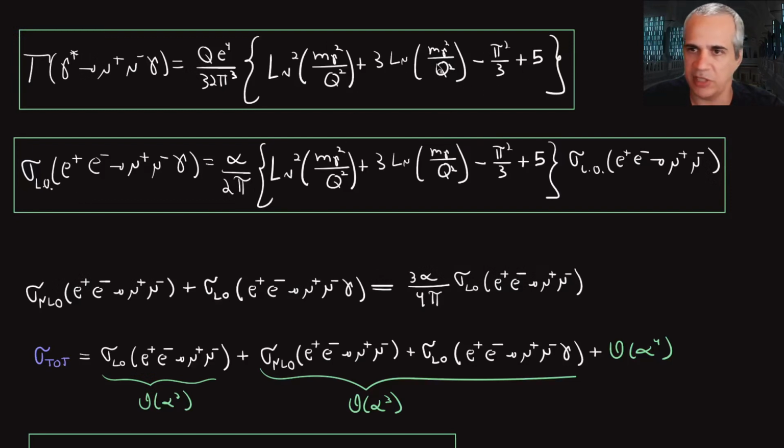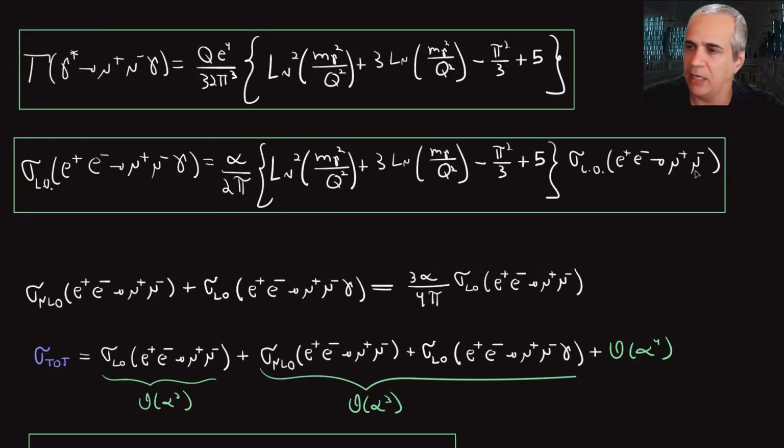For the total cross-section, I just have to substitute this in the expression that I had for the leading order production of two muons plus one photon. There are some numeric factors that cancel in front here. I have written this in terms of alpha. And again, the logarithms are there, and this is all proportional to the leading order production of two muons.